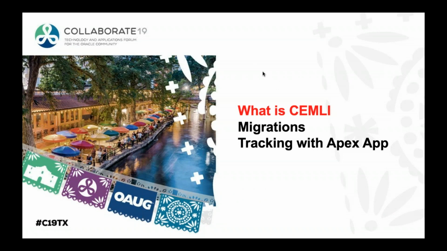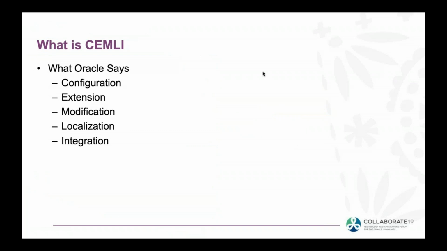So we're going to touch on three things here. First of all, what is CEMLI? Then talk a little bit about general migrations. Oracle uses CEMLI as an acronym for configurations, extensions, modifications, localizations, and integrations.